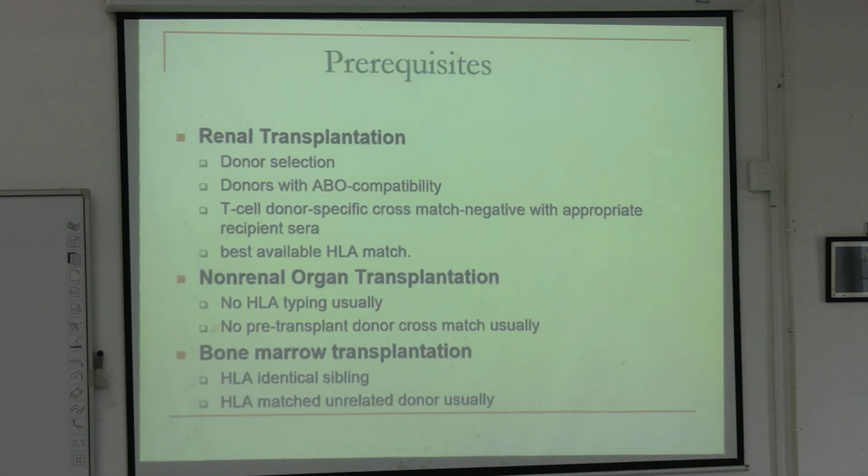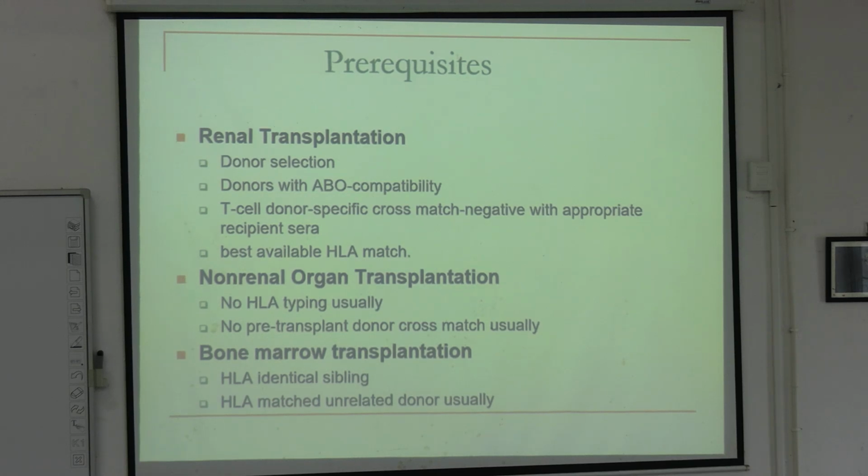Now coming to the prerequisites, you will know just very superficially what prerequisites are needed, that is, what to do before donation, okay? So as in case of renal transplantation, you have to do a donor selection, then ABO compatibility testing, then T cell donor specific cross match negative with appropriate recipient sera, and you have to take the best available HLA matched organ.